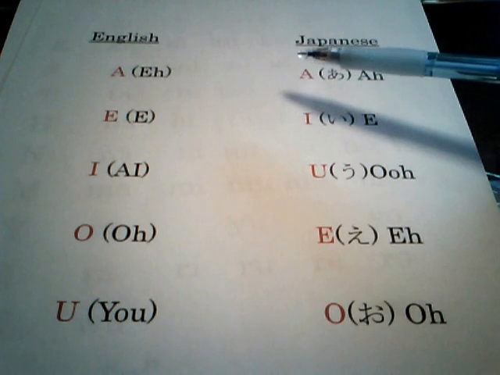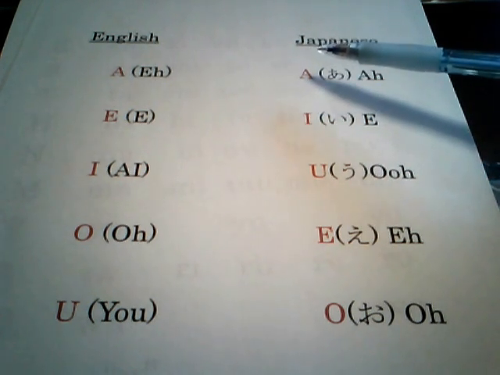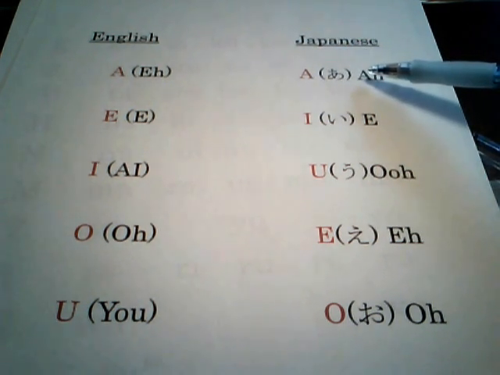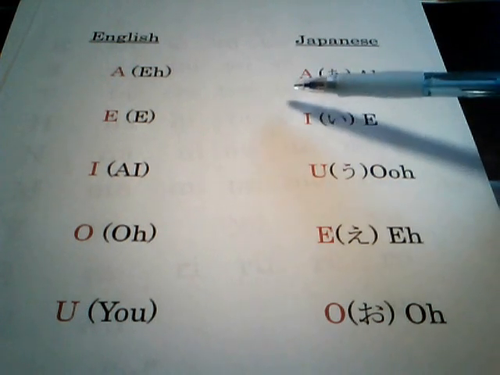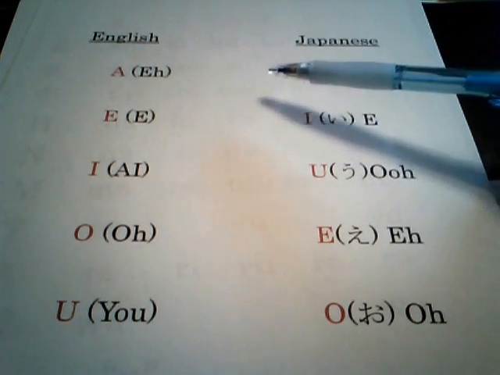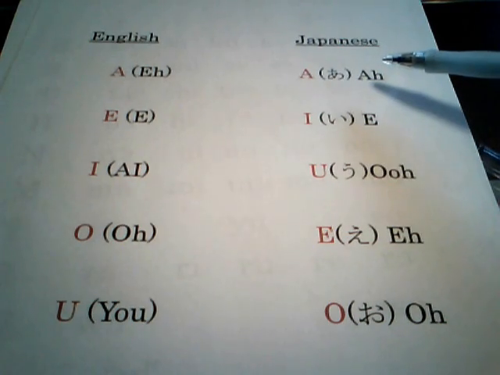So first off, if we go to the top up here, we'll see that there is an A. In English, it's pronounced A. In Japanese, it's pronounced differently.